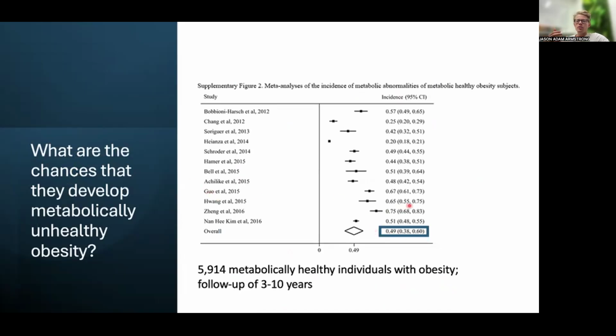What I found is that for individuals who have been diagnosed with obesity but have no increased metabolic markers, the chances that they are going to become metabolically unhealthy is about 49%. Okay. So a really high likelihood, and this was following 5,000 individuals for 3 to 10 years. So your chances of developing metabolically unhealthy obesity go up also if you are a metabolically healthy obese individual.